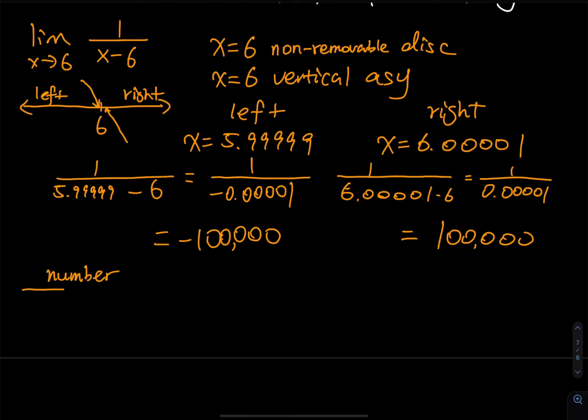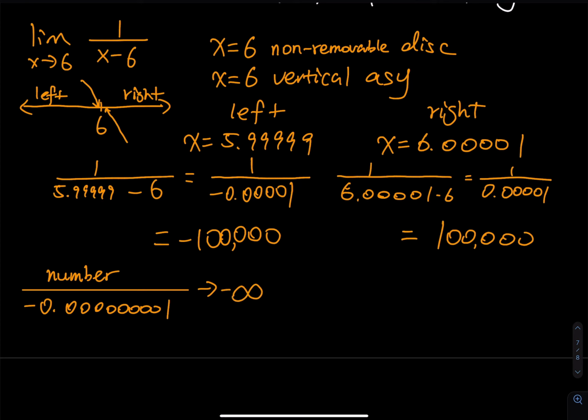Write this down: when you have a number divided by something that is negative and extremely small, something like negative 0 point a bunch of 0s followed by a 1, what is that equal to? You will get a result that is negative infinity, negative and extremely large.